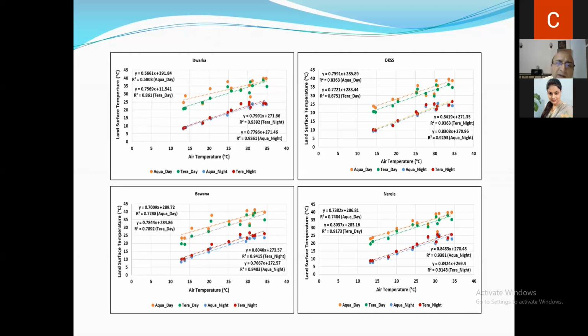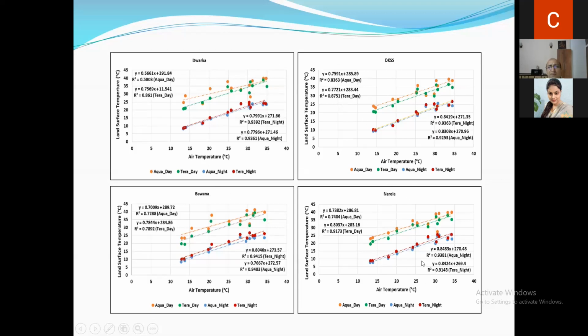Then we plotted these scatter diagrams between these. We got reasonably good agreement between the nighttime satellite data and the nighttime ground observation, an R square value of 0.93 in almost all these plots. These are 4 different stations: Dwarka, DKSS, Bhavana, Narela.